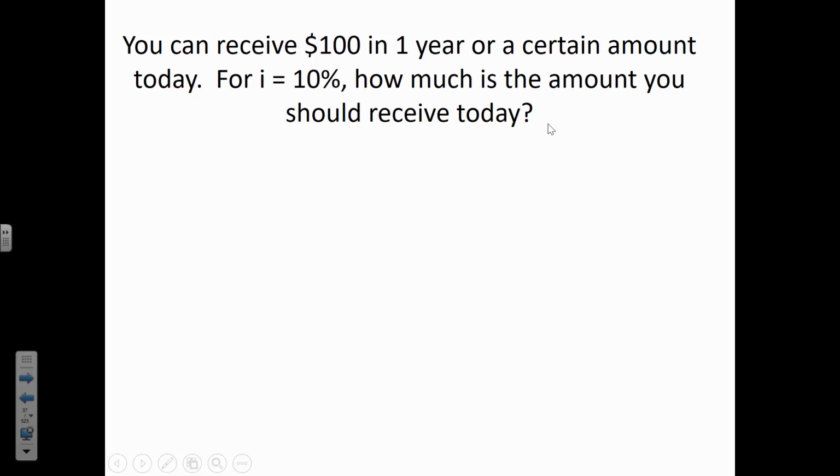The formula I've shown you in class before is F equals P times (1 plus I) to the N. The reason I write that formula on the board is you might be mentally tempted to go after a shortcut here.